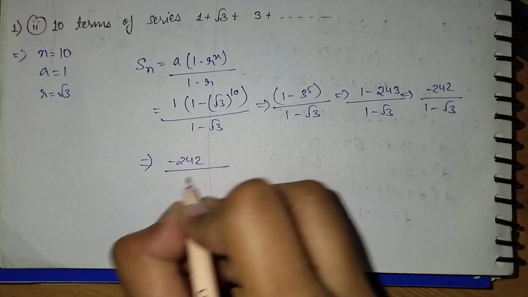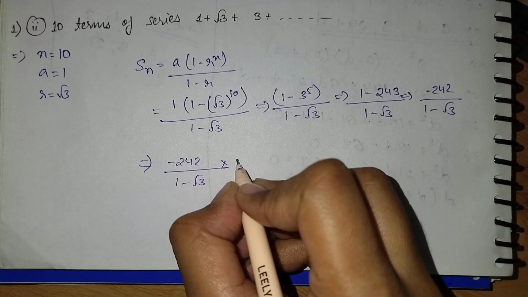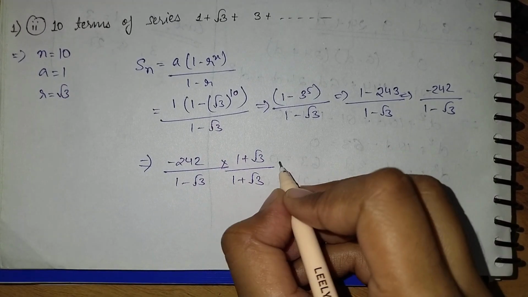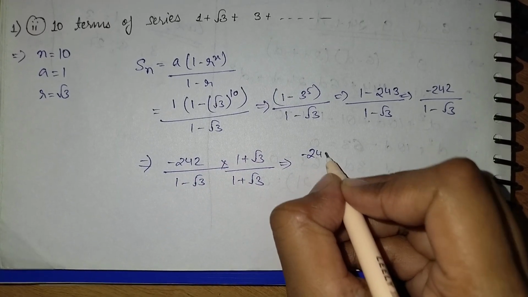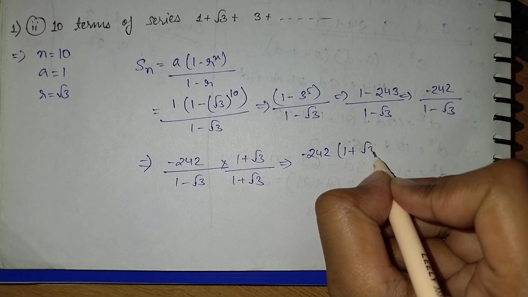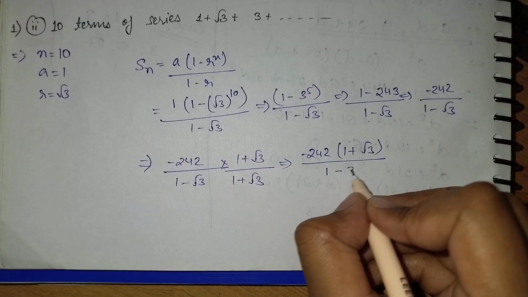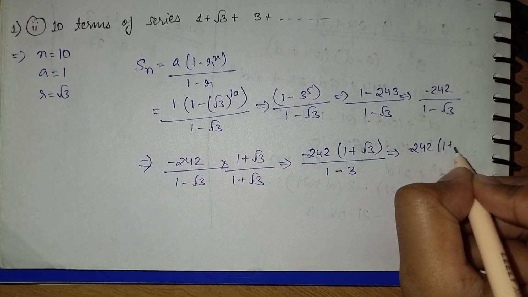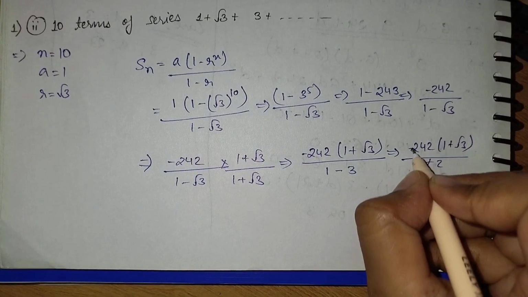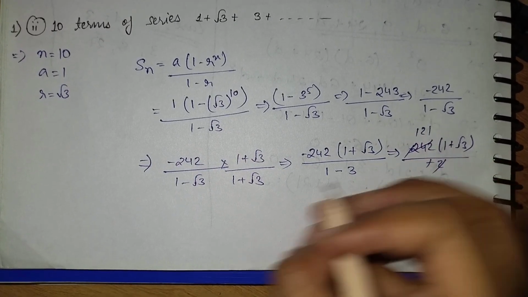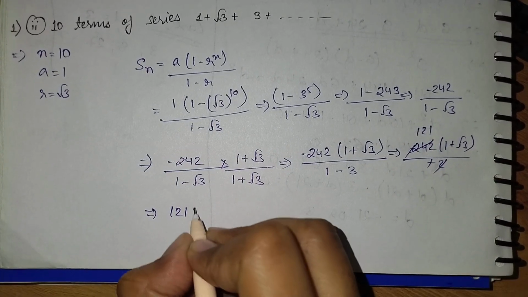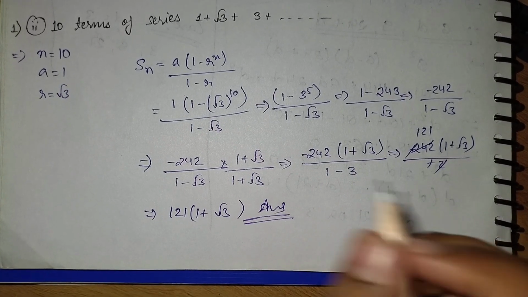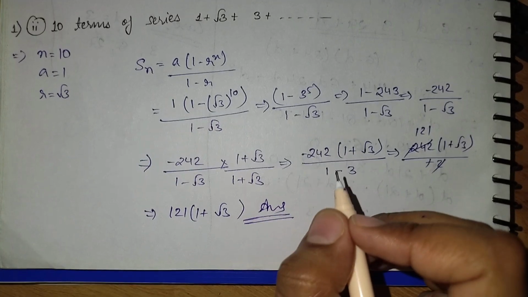Minus 242 divided by 1 minus root 3, multiplying and dividing by 1 plus root 3. So this part will become minus 242(1 plus root 3) divided by 1 minus 3, equal to minus 242(1 plus root 3) divided by minus 2. The minus will be cancelled out, giving 121. So this will become 121(1 plus root 3) as the final answer in this question. And this is the solution of question number 1, second part.